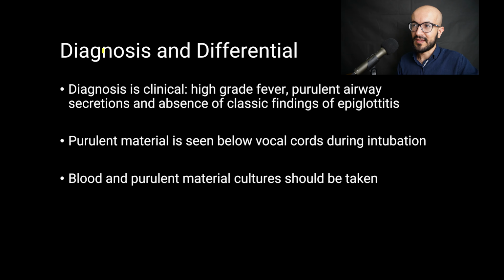Now let's talk about the diagnosis. So the diagnosis is clinical. The patient will have high-grade fever, which is opposite to the low-grade fever that comes with croup. They also would have purulent airway secretions and absence of classic findings of epiglottitis. And the purulent material is seen below the vocal cords during intubation, and blood and purulent material cultures should be taken.